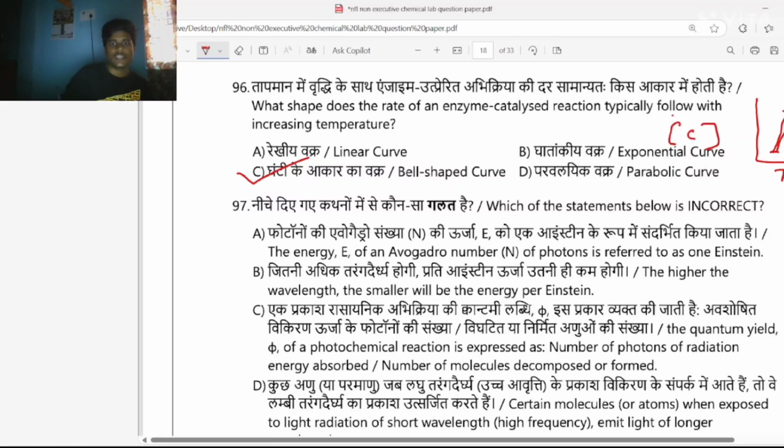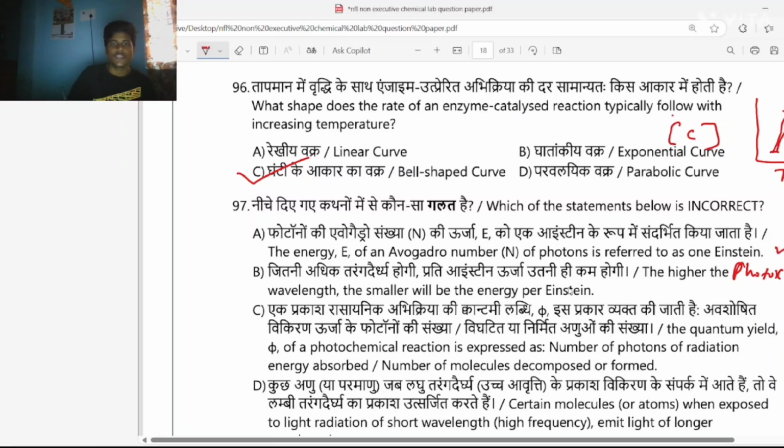Yes, this is correct, but he is asking for incorrect. This is correct: the higher the wavelength, the smaller will be the energy per Einstein. This is also correct. The quantum yield phi of a photochemical reaction is expressed as number of photons of radiation energy absorbed by number of molecules decomposed or formed. No, this is incorrect. Option C is the correct answer. It is incorrect, right?